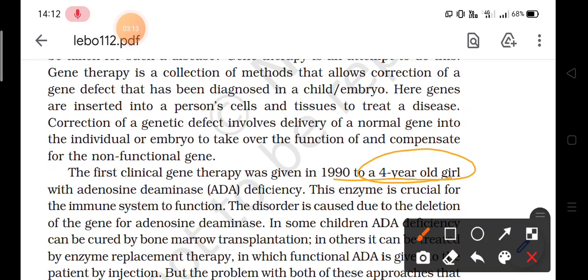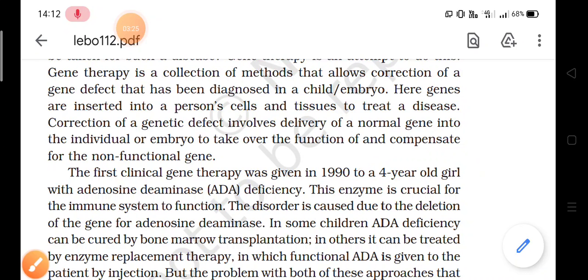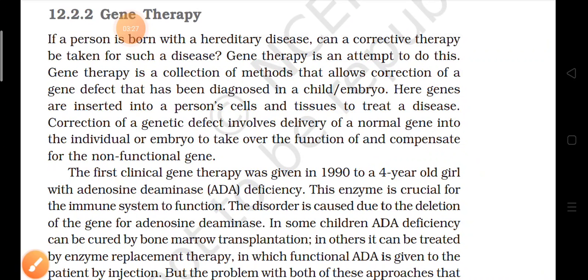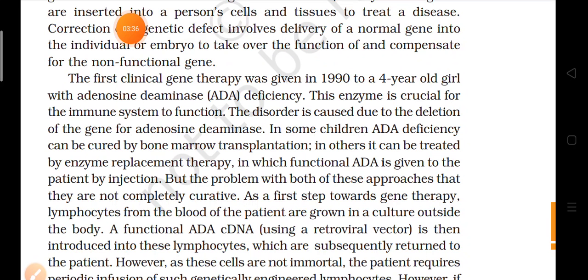This ADA is actually an enzyme, and because of the deficiency of this enzyme, the immune system of that girl was not working properly. So what was done? The defective gene was deleted, and then it was replaced by the correct gene.